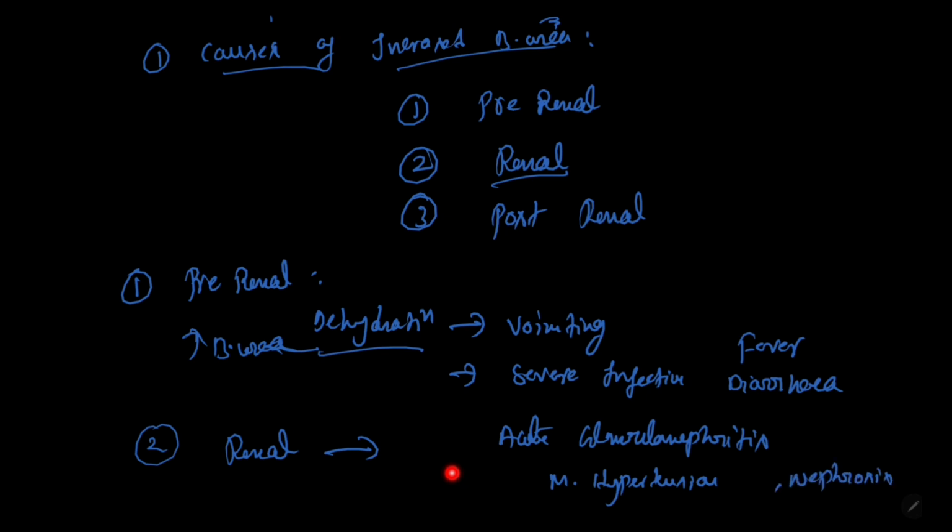All these are the renal conditions where you see elevated blood urea levels. Now the post-renal conditions: because of obstruction in the urinary flow, there will be elevation in the blood urea concentration.